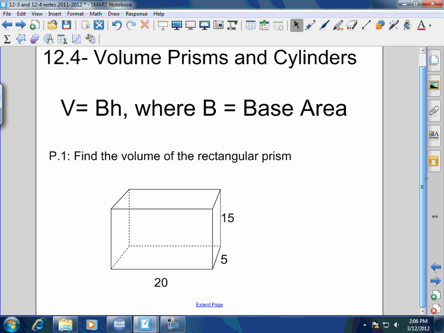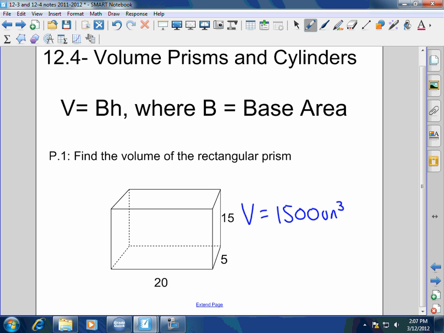However, for volume, it's very simple. Base area times height, literally. So the volume here is 100 times 15, 1,500 units cubed. Because remember that I said that area was how many square units are in a figure.